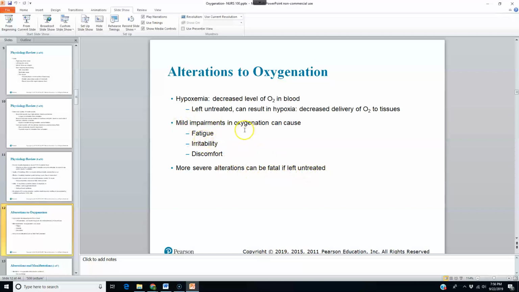But yeah, we may temporarily put on some oxygen, but that doesn't fix what the problem is. And our goal is to continue to assess, report findings to the healthcare provider, and find out what is the etiology or the reason why your patient is becoming hypoxemic or starting to develop these signs of impairments within oxygenation.